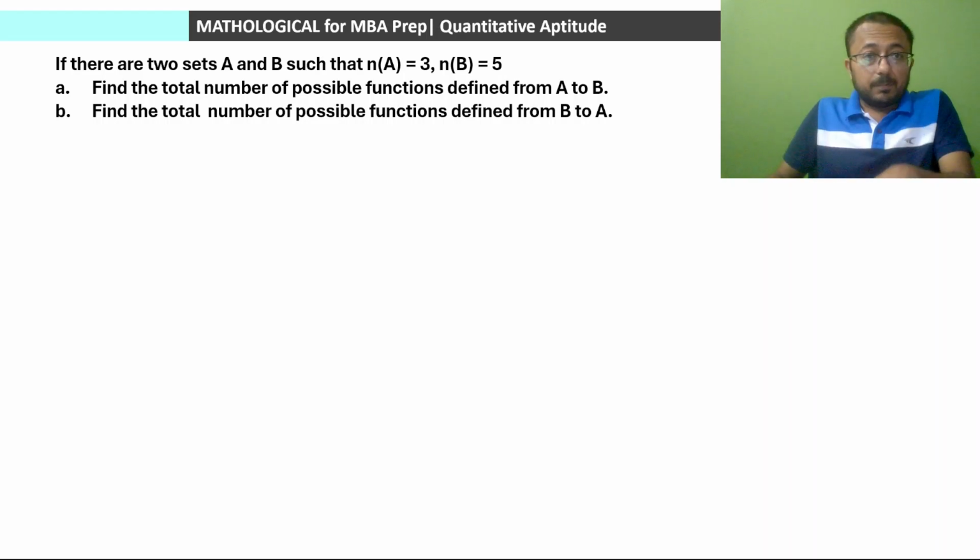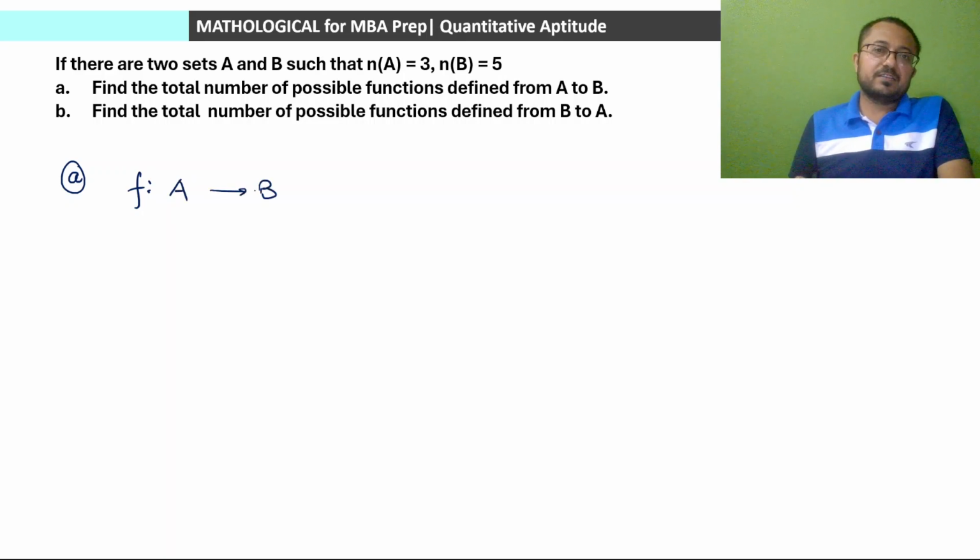So part A is saying that find total number of functions from A to B. So if a function is defined from set A to set B, how many such functions will be possible if number of elements in set A is equal to 3? Let us say those elements are 1, 2 and 3. And number of elements in set B is equal to 5.